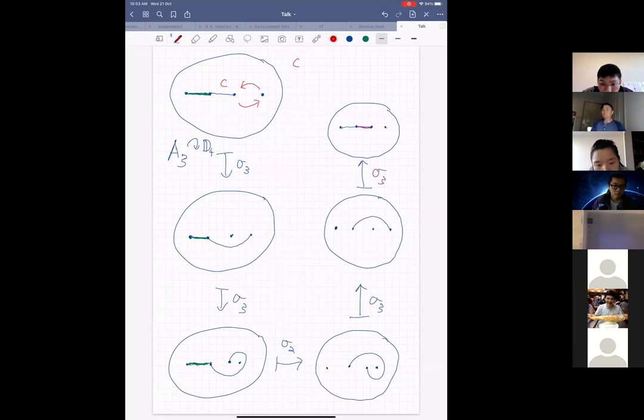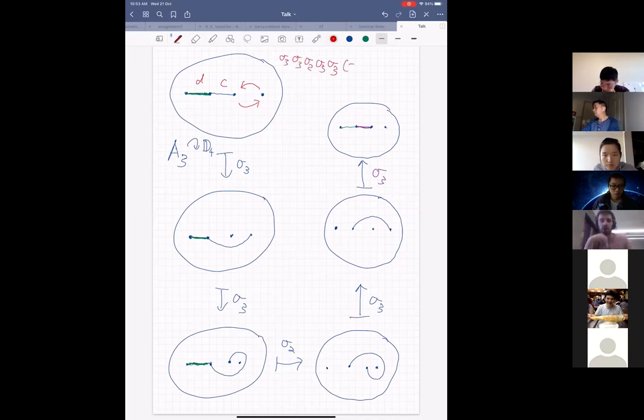Wait, what are you drawing? I might be wrong here. No, I'm acting just on C. Let's call this C and D, right? So I'm just acting on C. I just want to establish a result such that these two are different things.